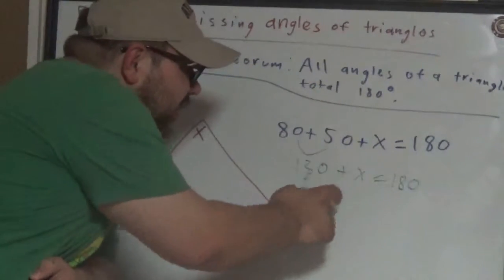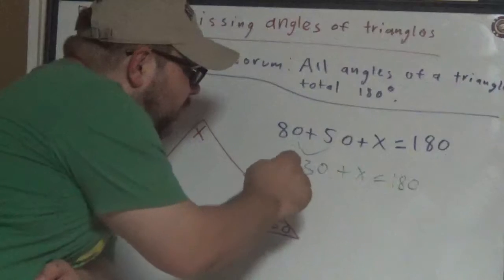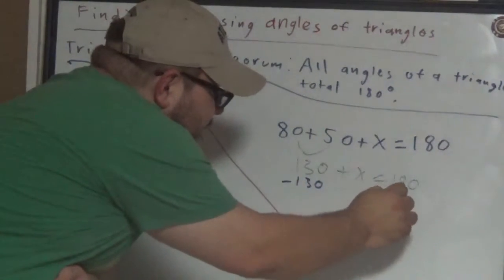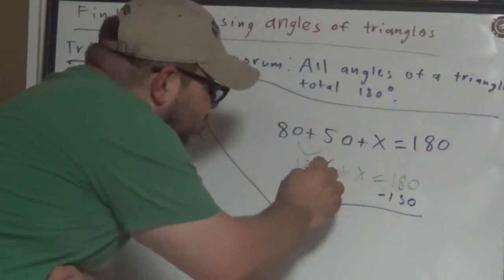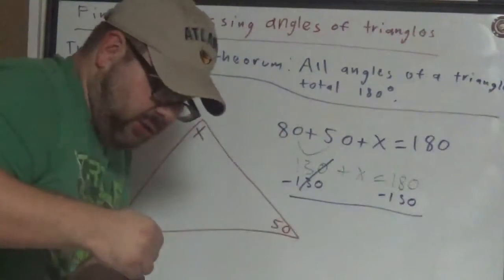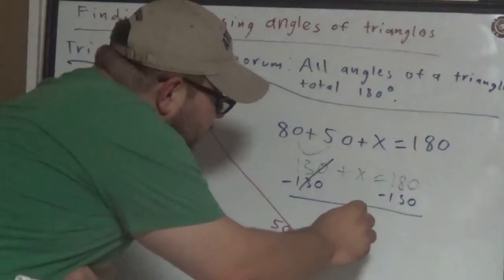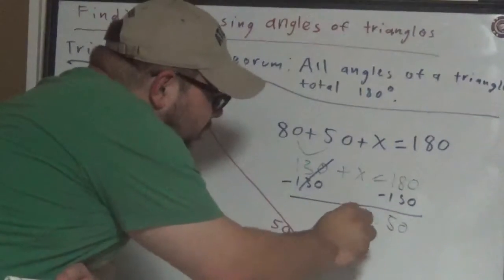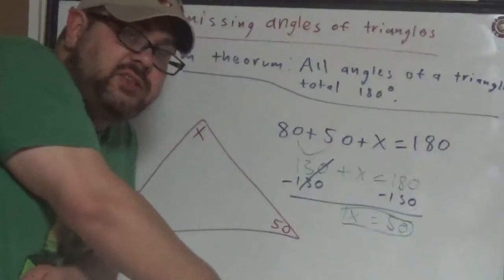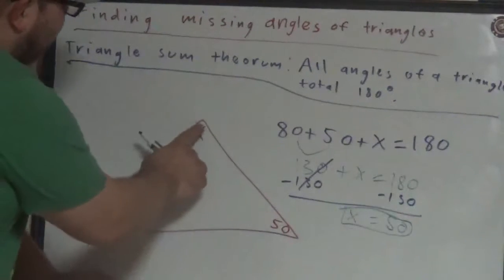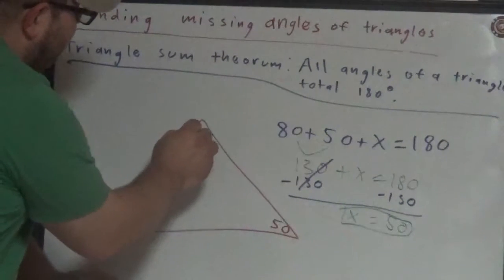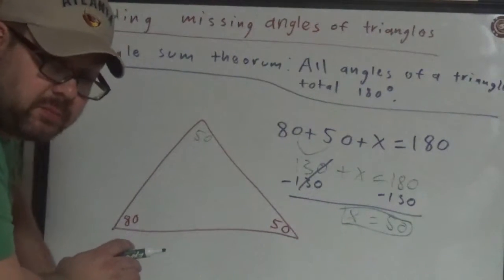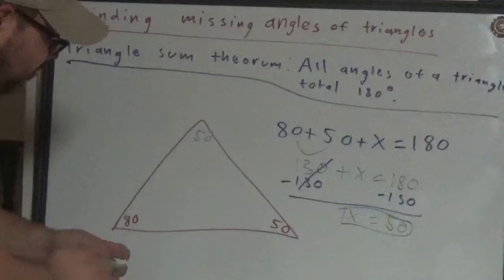We want to have x by itself, so we minus 130 on one side of the equation, minus 130 on the other side of the equation, bring down our x equals 180 minus 130 is 50, and then that is our answer. And then we could change this x to 50. Now we know the missing angle. That part's pretty easy, right?